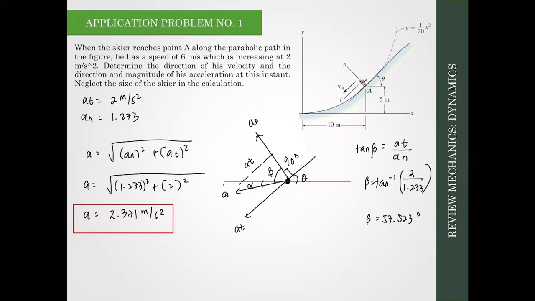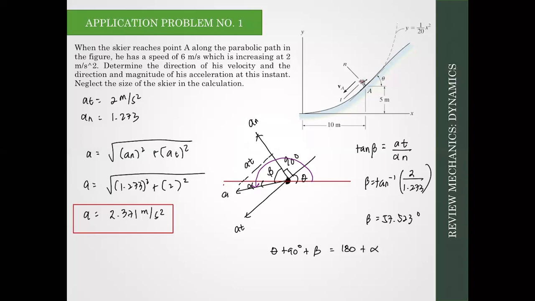Now we can get alpha. Based on our figure, from here to here, how much is that? So theta plus 90 degrees plus beta is equal to 180 degrees plus alpha.